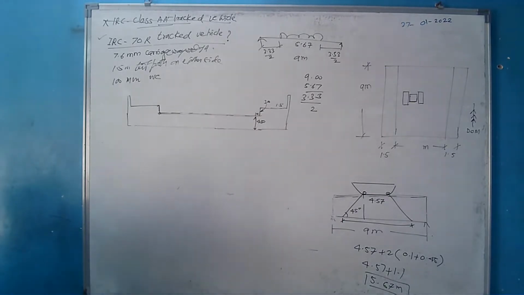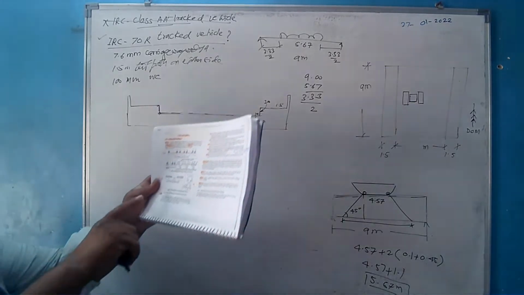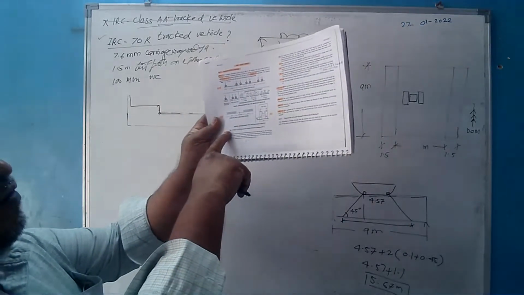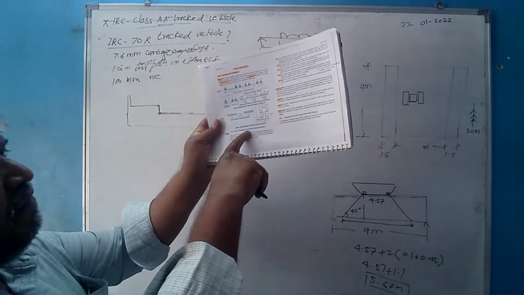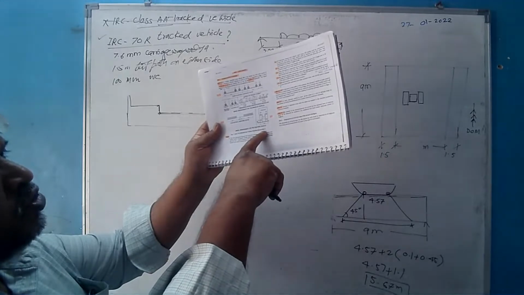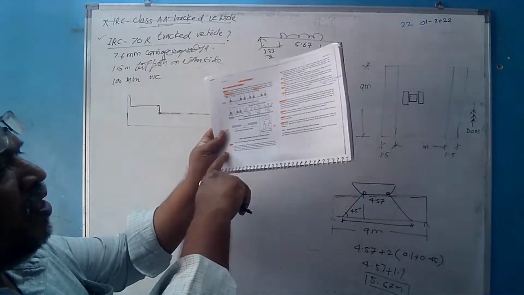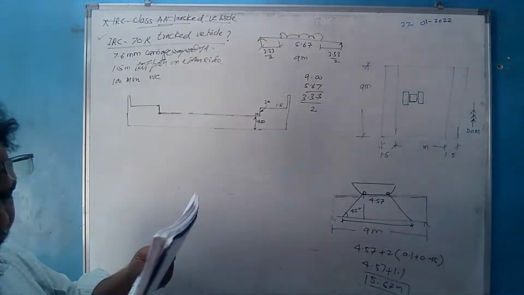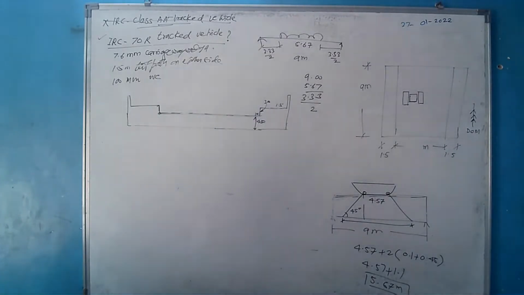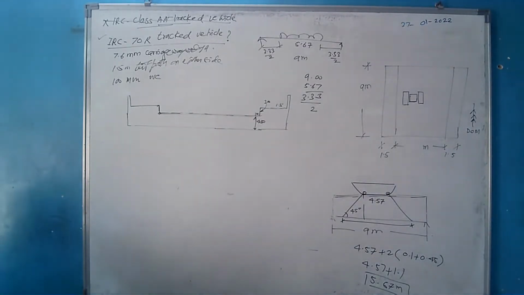The note, see, it is on page number 10. I am reading the note given here. Figure 1, class 70R wheeled and tracked vehicle, clause 204.1. Note: all the guidelines are given here, we should see them. The nose to tail spacing between two successive vehicles shall not be less than 90 meter for tracked vehicle.